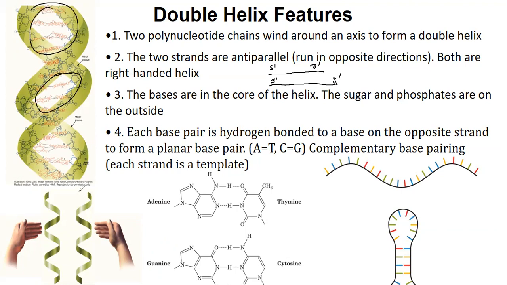The bases are pointing inside of the helix, and on the outside of the helix are your sugars and phosphates. So that's what's interacting with the water, the sugar and the phosphates. And in a double helix, we're going to have hydrogen bonds, A with T, C with G. That's why Chargaff's rule exists.